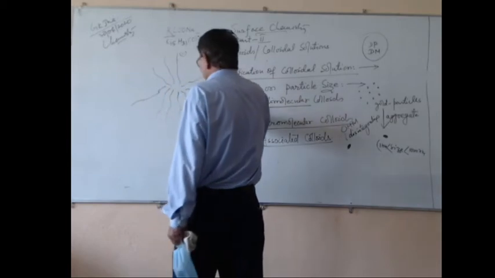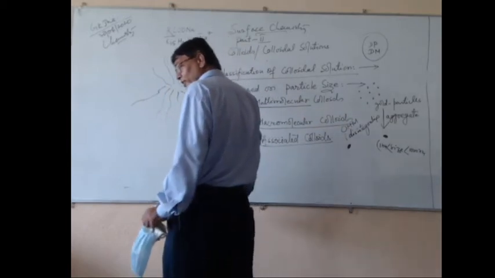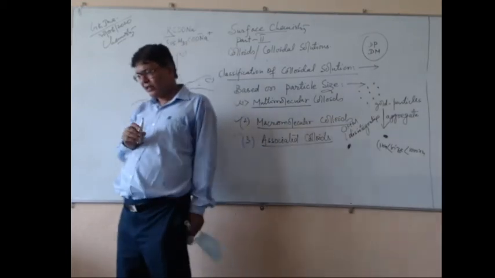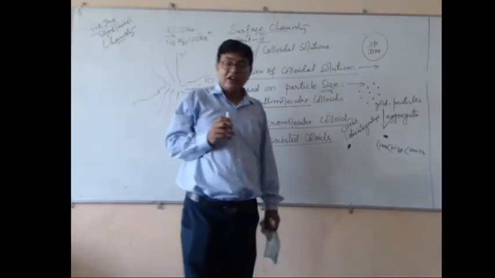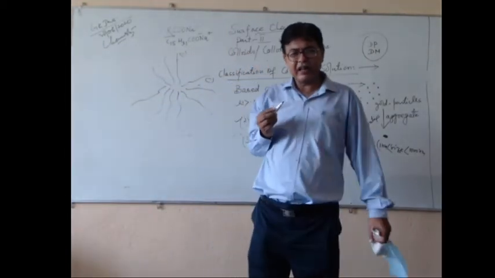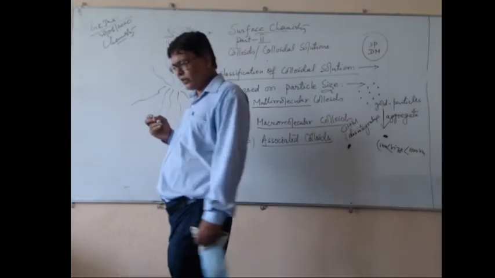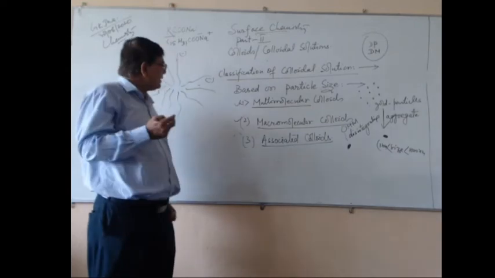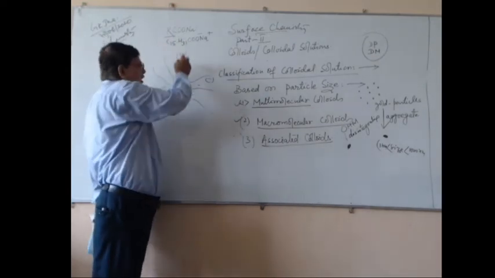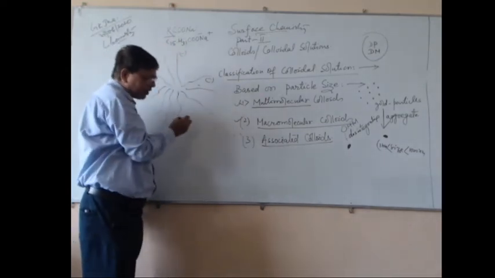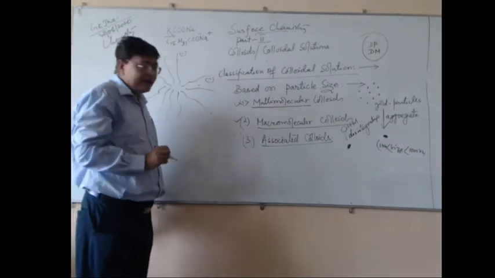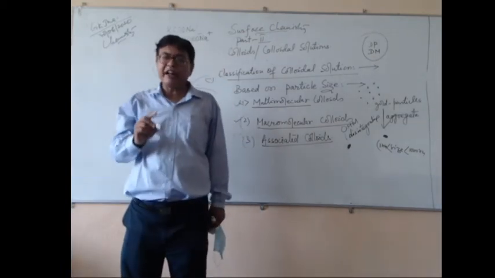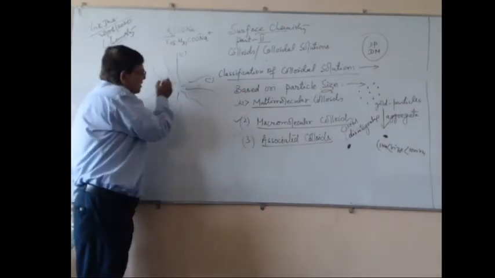So many electrolytes are getting associated at large concentration, mind it, and above a particular temperature, that is known as Kraft temperature, K-R-A-F-T. Beyond a particular temperature, only so many soap molecules associate together to form a micelle, a radial structure. Radial structure means spherical.